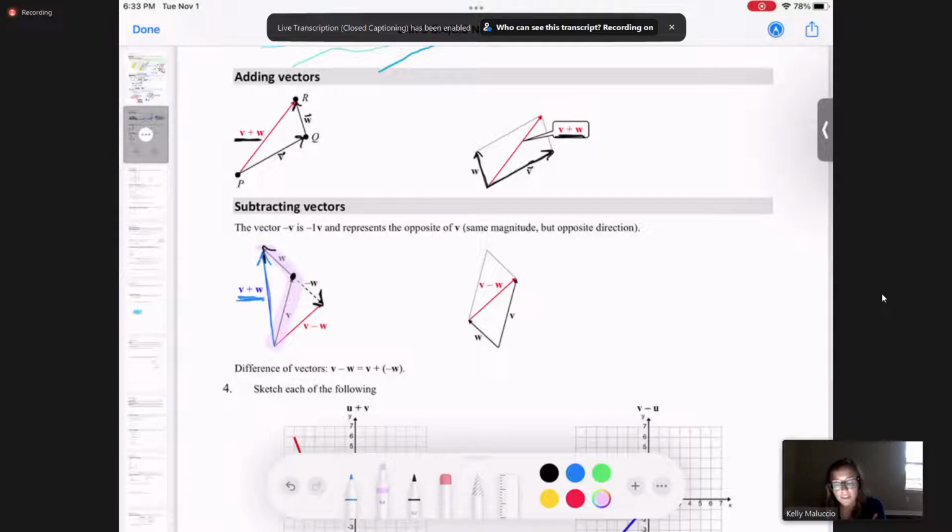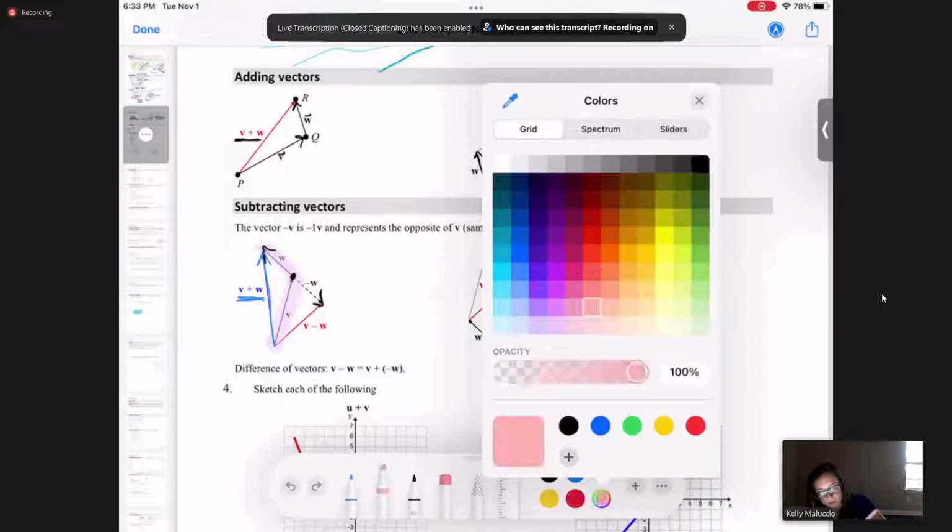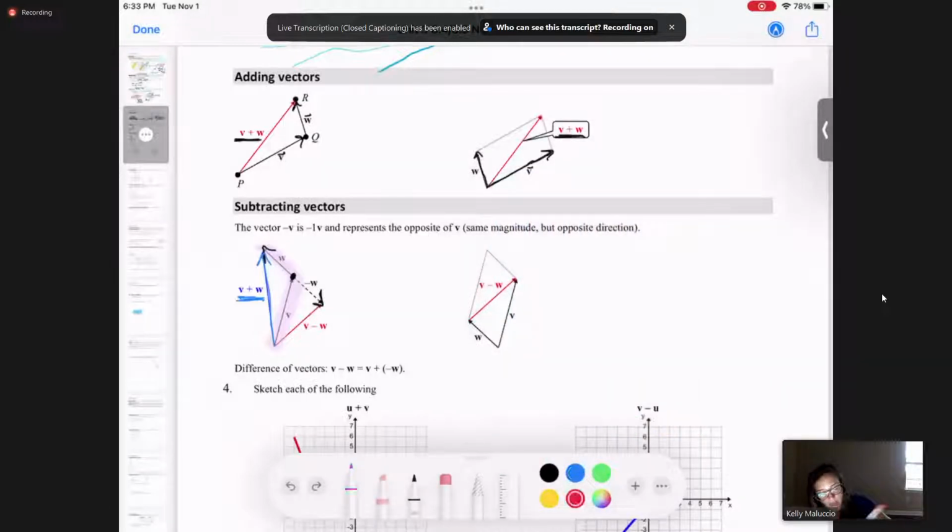You could reflect the W first and then connect them, and get V minus W, or you can keep them, get V plus W, but then reflect that across V, like reflect that across your initial vector there. And that will give you the V minus W in this direction.